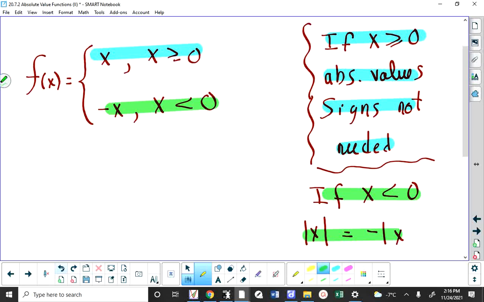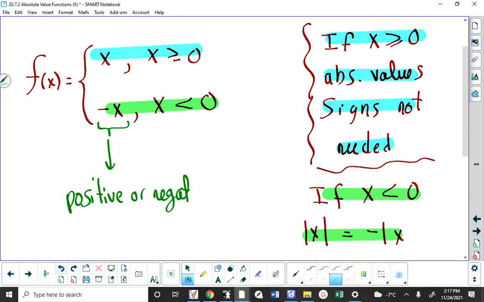I want to ask you guys a question, though. This negative x, is negative x positive or negative? Who can tell me?